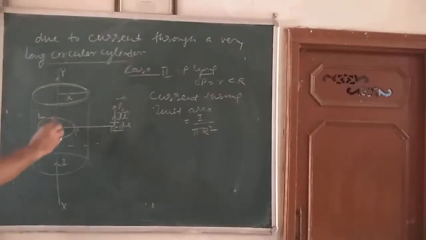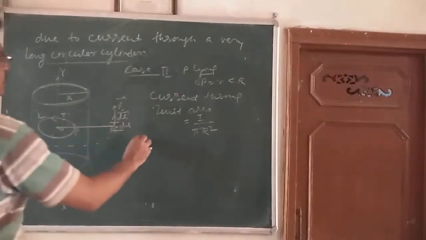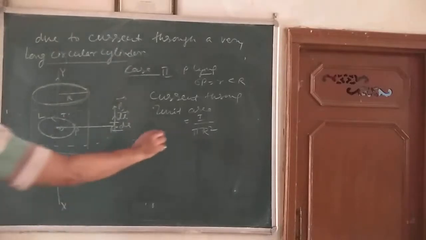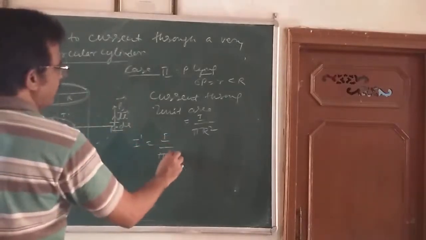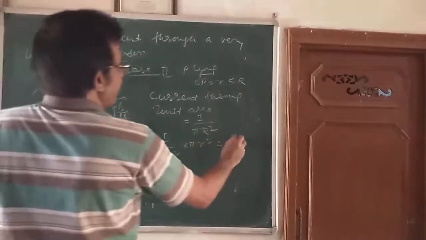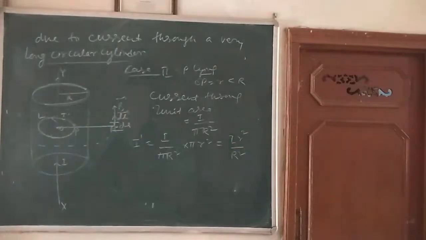So current through this concentric circle, if the current is uniformly distributed, then the current through this closed path L, say here current is I dash. So I dash is equal to I upon pi R square into pi r square. So here I r square divided by R square. This is the current here.